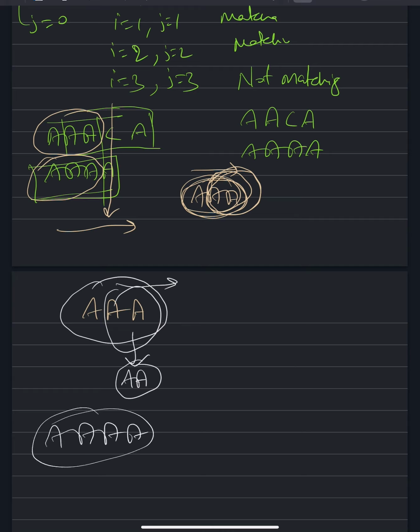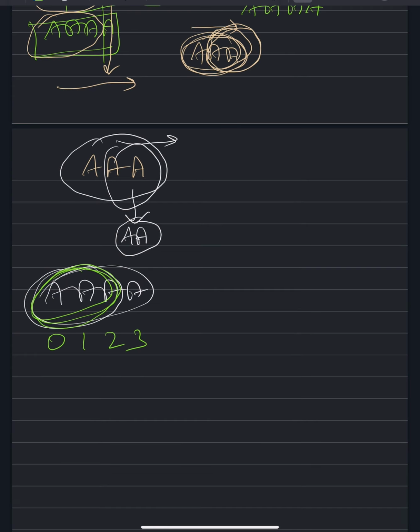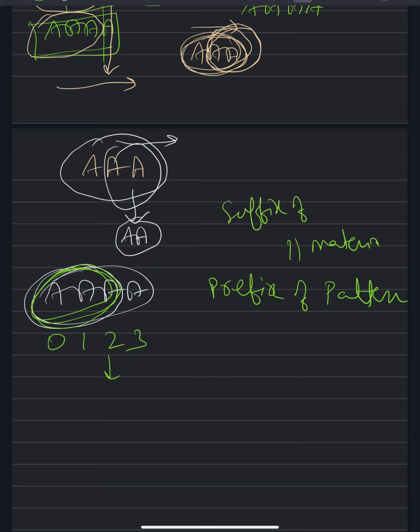Till this point it was matching. So we have 0, 1, 2, 3 as the largest suffix prefix. As per this, 2 is the largest suffix prefix, meaning the prefix of the pattern is matching with the suffix of the input string.